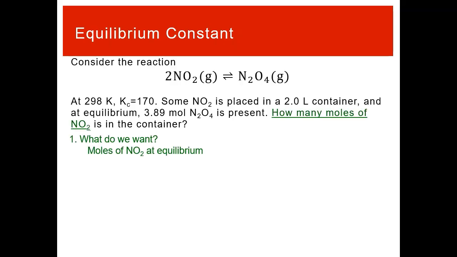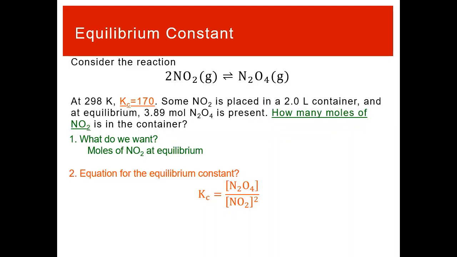What do we want? I want moles of NO2 at equilibrium. So if I want to get an amount at equilibrium, it's going to come from the equilibrium constant. And we know that the equilibrium constant equation is based on the reaction. My N2O4 is a product. It shows up on the top of the fraction. NO2 is a reactant. It's on the bottom of the fraction.